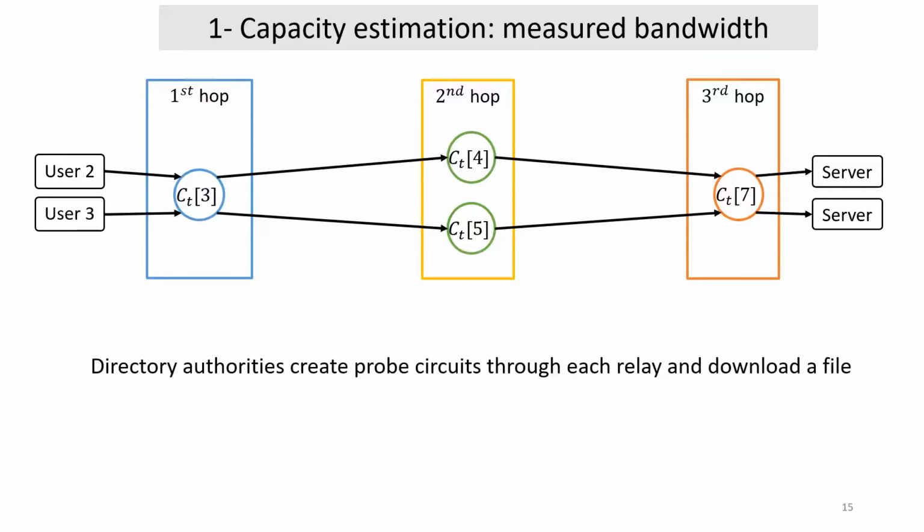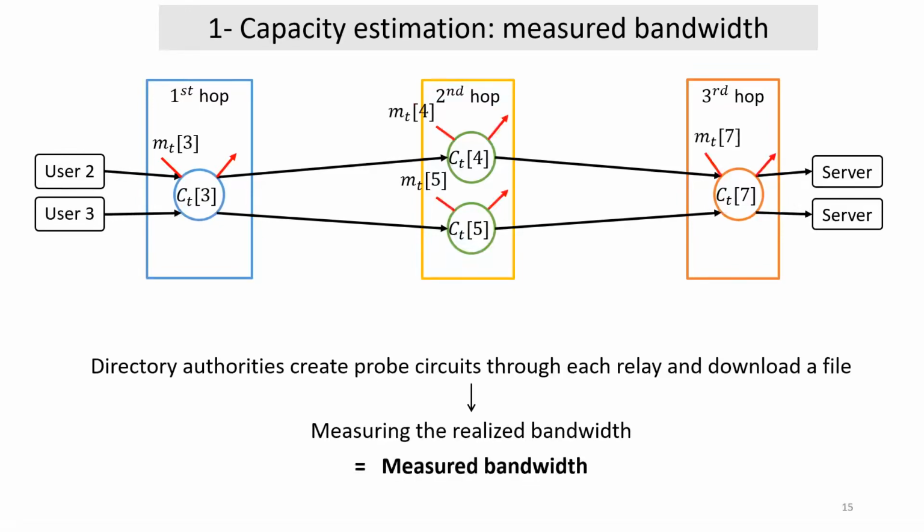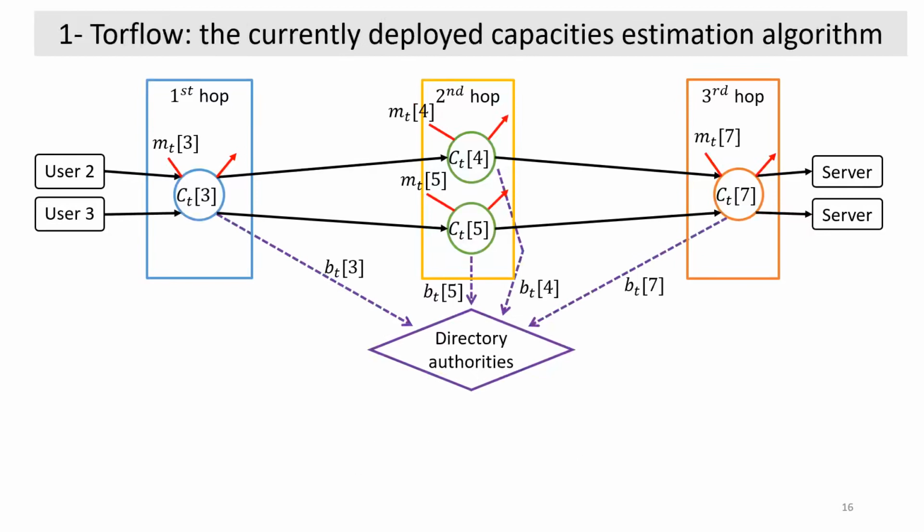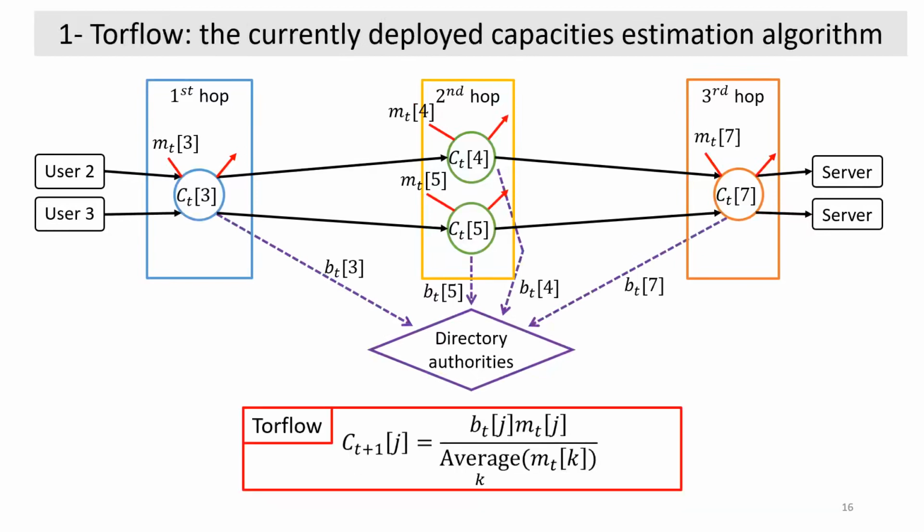Directory authorities create probe circuits through each relay and download a file, measuring the realized bandwidth of this probe. TorFlow then uses both those measurements to estimate the capacity of a relay j. Those estimates get recomputed once an hour, and we will call that an epoch.